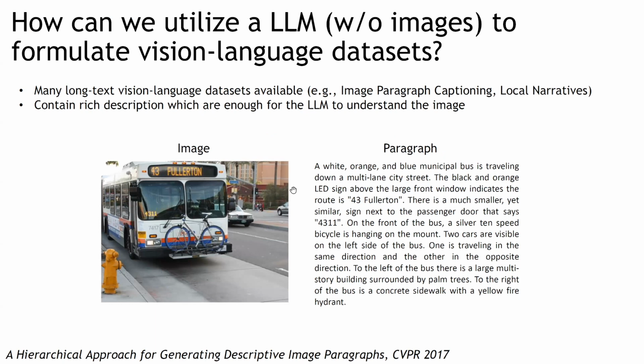You have an image paired with its paragraph, and this paragraph is extremely rich in description, which makes it enough for the large language model to understand the image without relying on any image, because the paragraph describes the image in full detail.